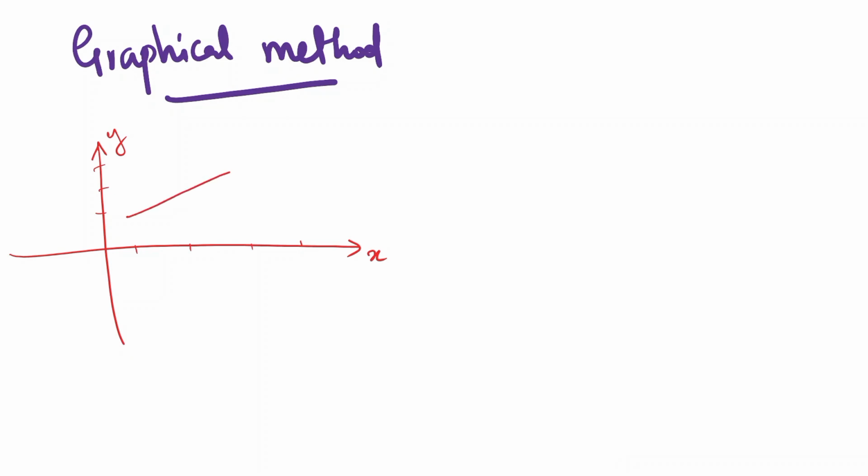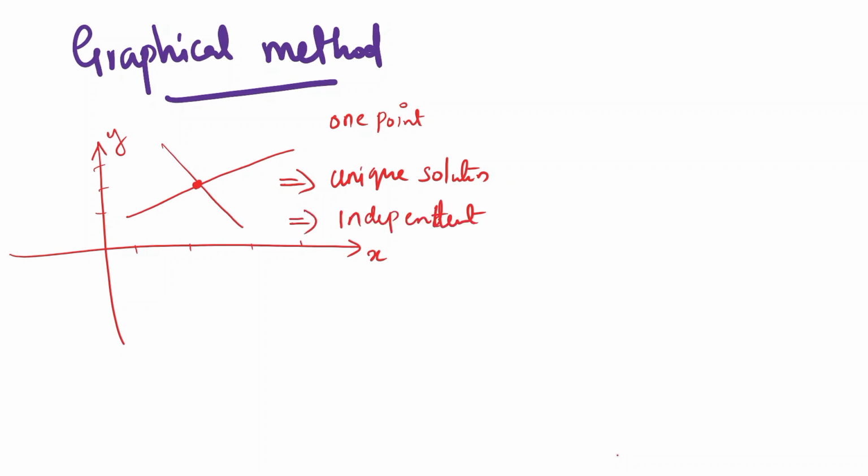If we are drawing two lines and they intersect at only one point, we can say these equations have a unique solution. The system is independent, and as we are getting a solution, we can say it is consistent.